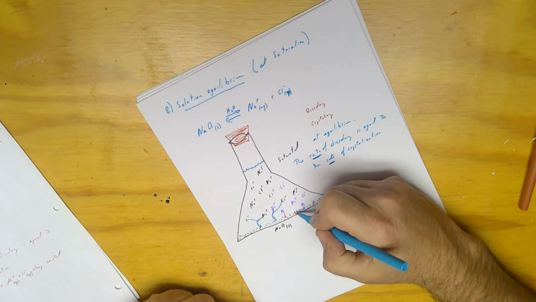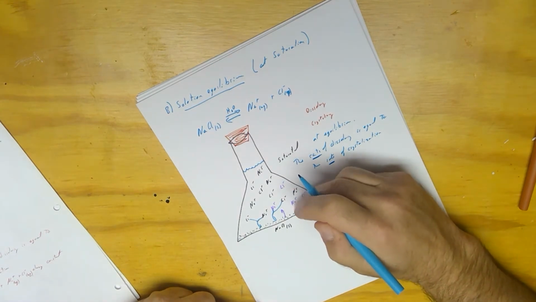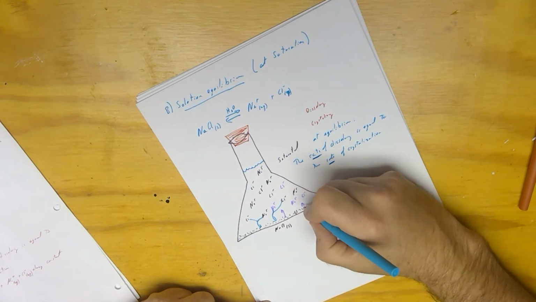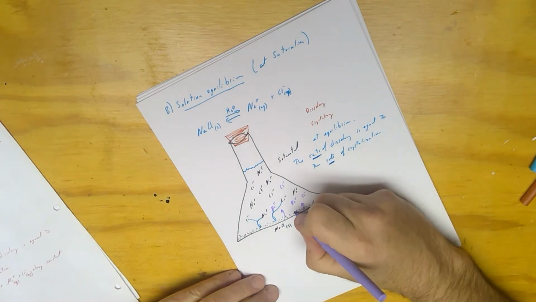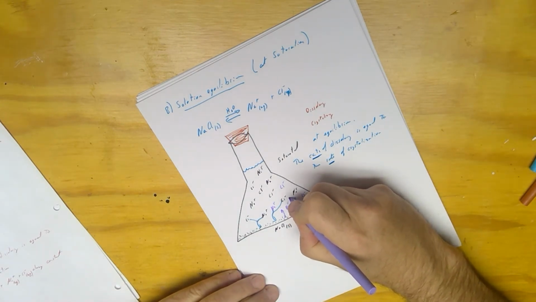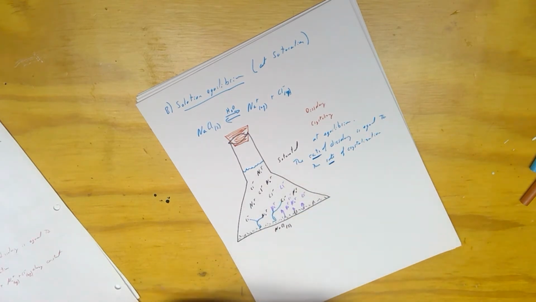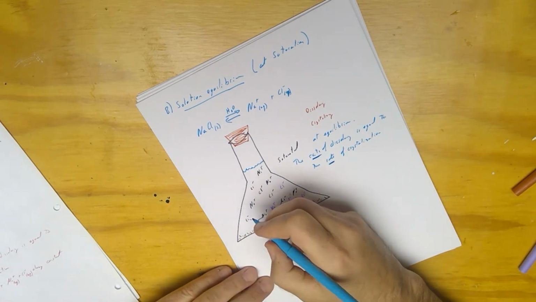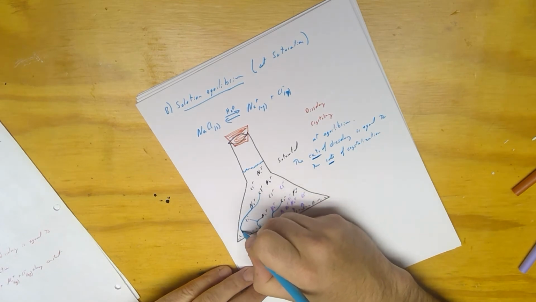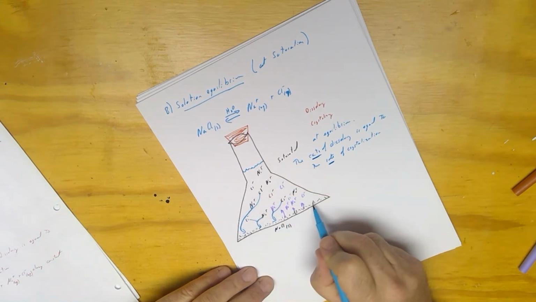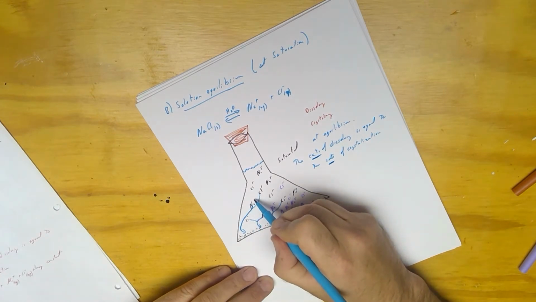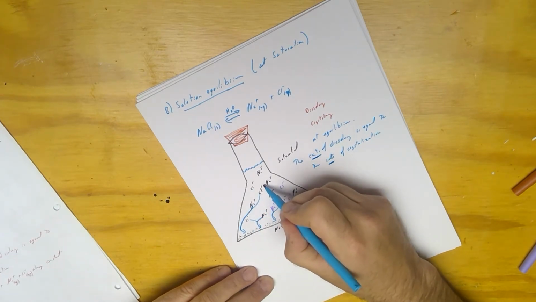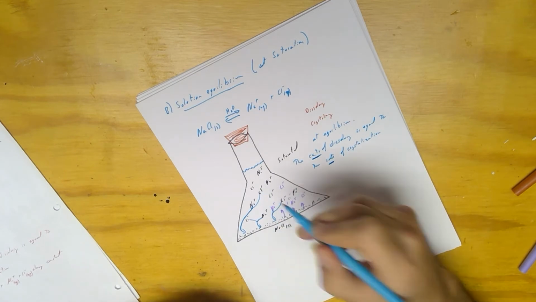Every time an NaCl breaks apart and becomes an Na plus and a Cl minus, at the exact same time an Na plus and a Cl minus come together. So the amount of NaCl salt is constant, the amount of Na plus in the solution is constant, and the amount of Cl minus is also constant.